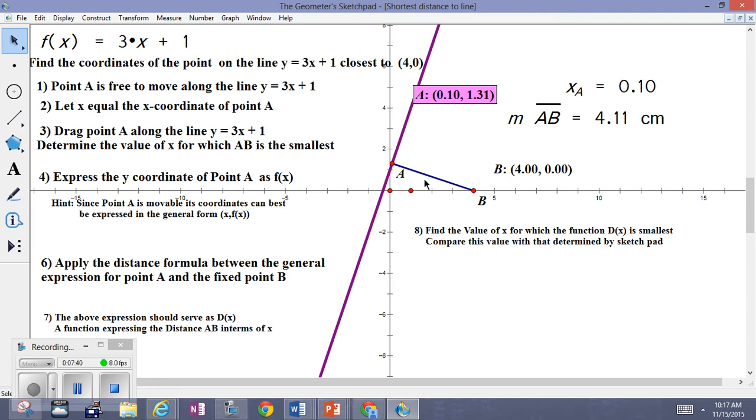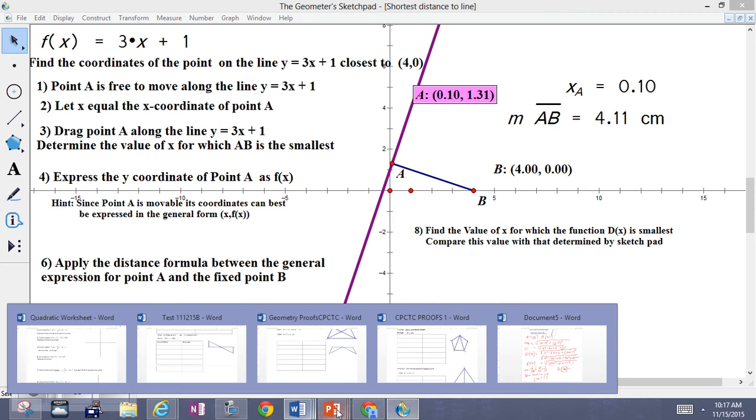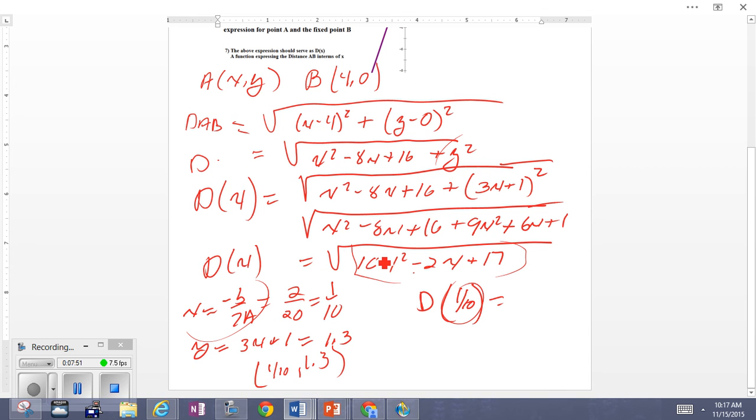My minimal distance is 4.11, which is what you should find when you evaluate the distance function at 1/10. I'll leave that for you to do, and hopefully that explains the problem a little better for you.